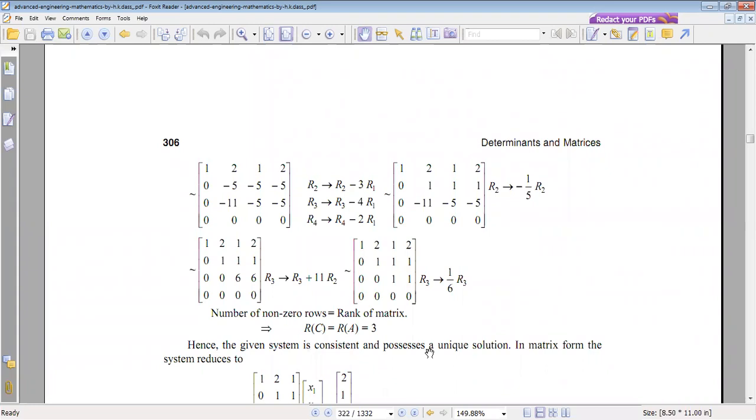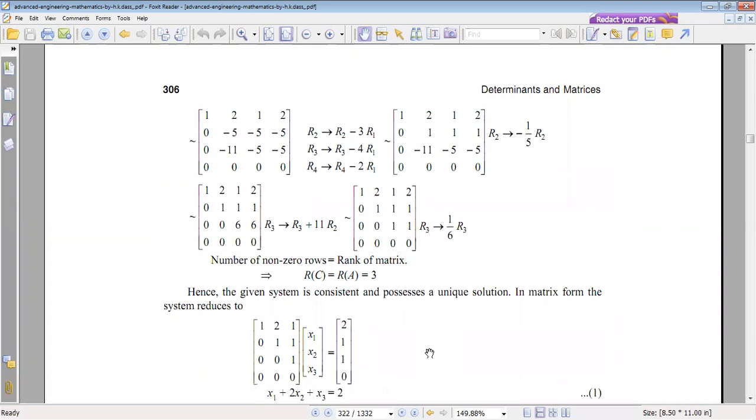Now see how we can find the solution. This is the first matrix: 1 2 1, 0 1 1, 0 0 1, 0 0 0. We transform the matrix A to this form, and again the matrix B into this form. Clear?